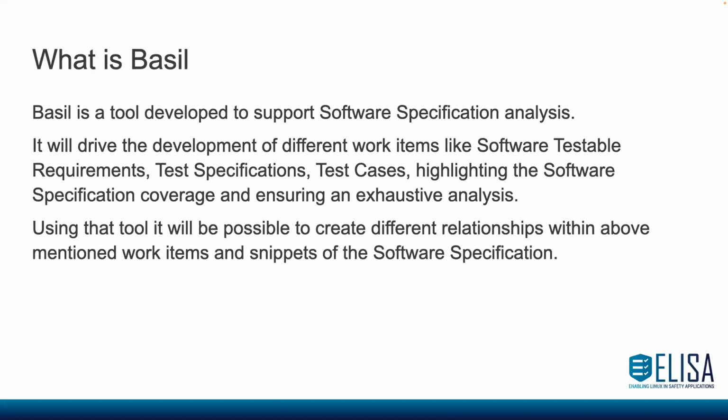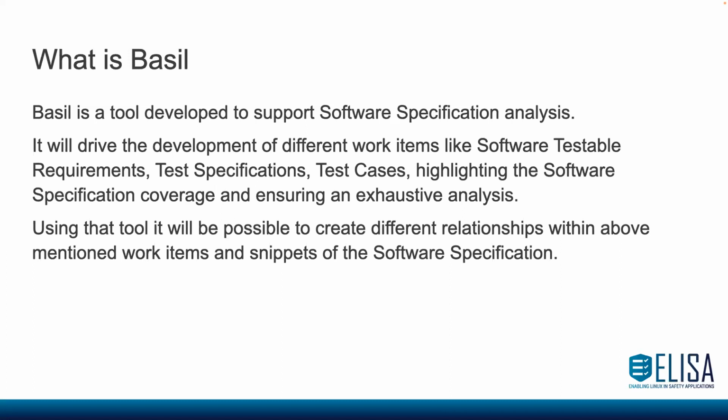So what is Basil? Basil is a tool developed to support the analysis of a software component specification. A software component can be a single function, a class, a library, or a functionality scattered across multiple libraries.